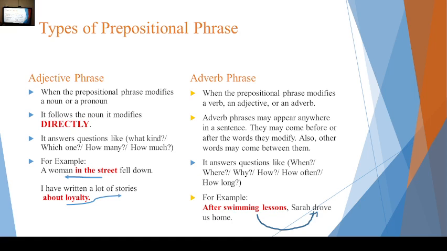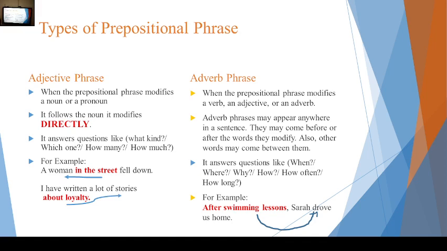And it follows the noun, stories, directly. So it modifies stories. What kind of stories? Stories about loyalty. So this is an adjective phrase. Okay, so again, when you have a prepositional phrase that comes directly after a noun and it answers one of these questions, we call it an adjective phrase.